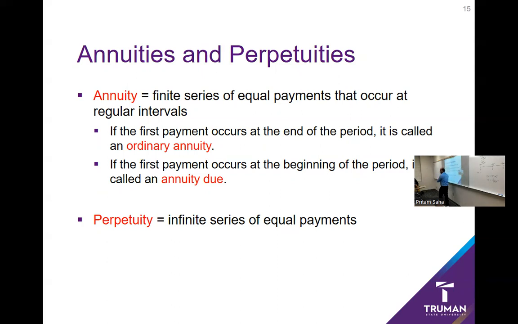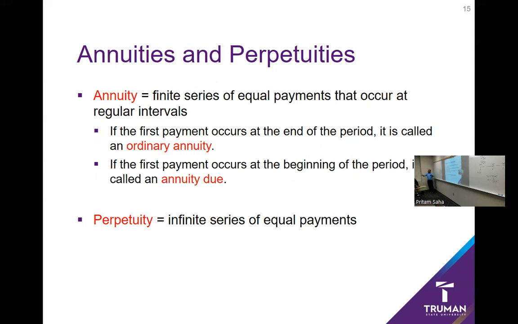And what is the difference? If we think about future value, this one can grow for 2 years, this one can grow for 1 year, and this will grow nothing, right? But here, this can grow for 3 years, 2 years, 1 year, right?